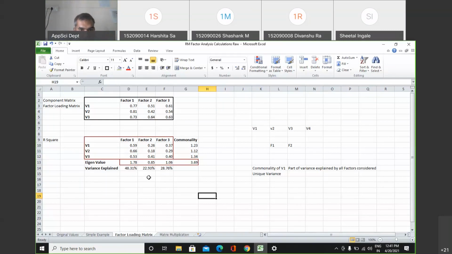Okay. So that's done. In this case, we will be dropping this factor 2. For that we have calculated eigenvalue.